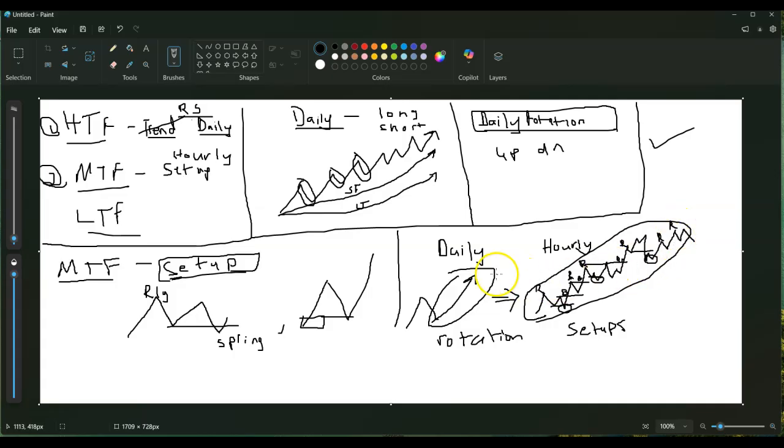So when you examine the daily by going to the hourly, you'll see that you have up moves.